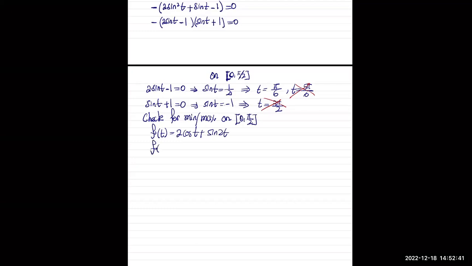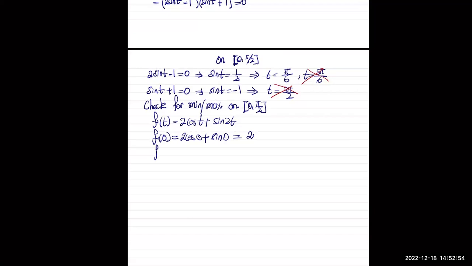Okay, so f of 0 is 2 cosine 0 plus sine of 2 times 0, 0. That gives us 2 times 1 plus sine of 0, 0. Cosine 0 is 1. F of pi over 6 is going to give us 2 cosine pi over 6 plus sine of twice pi over 6, which is pi over 3.